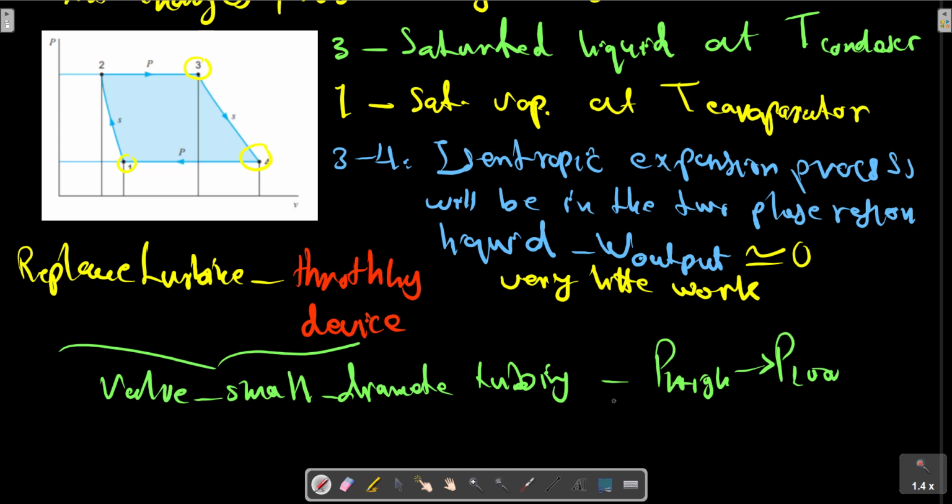Saturated vapor at the low pressure enters the compressor and undergoes a reversible adiabatic compression process, 1-2.